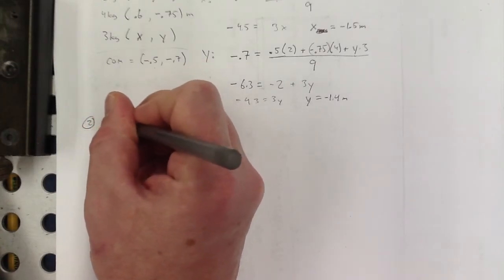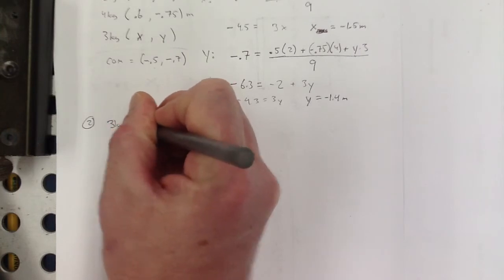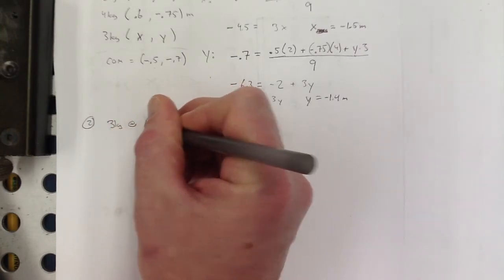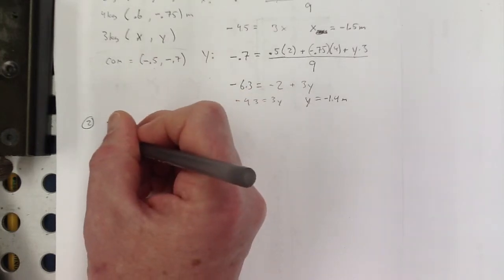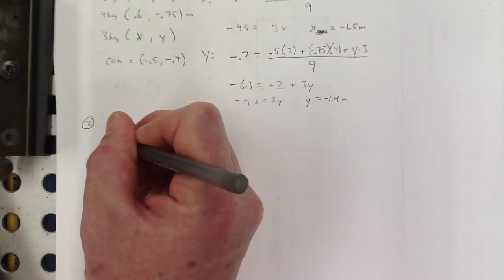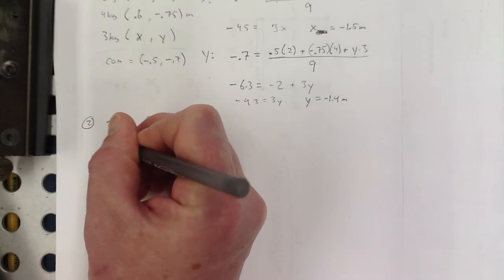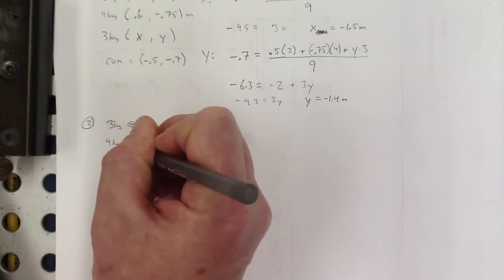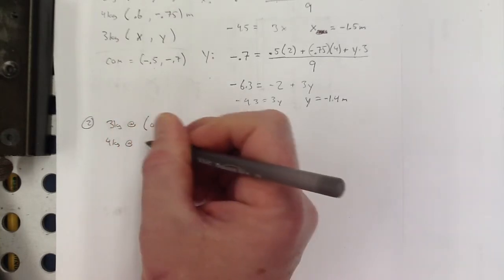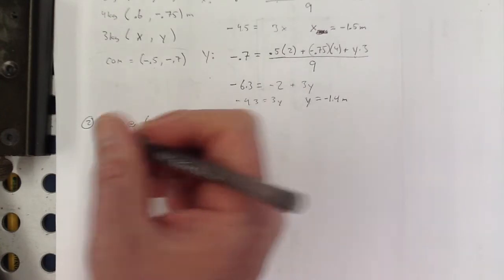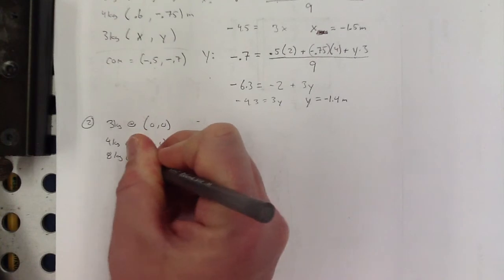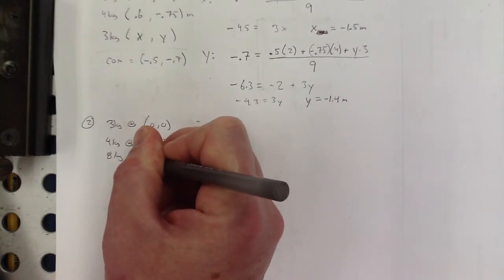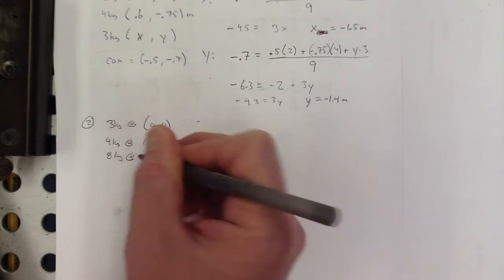Mass 1 is 3 kilograms at 0, 0. These are all in meters. Mass 2 is 4 kilograms at 2, 1. And 8 kilograms at 1, 2.